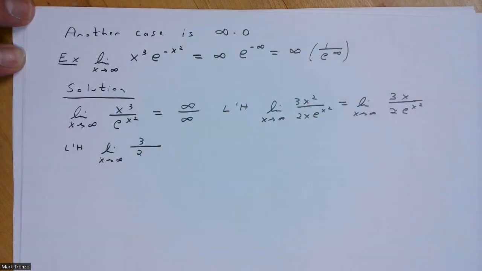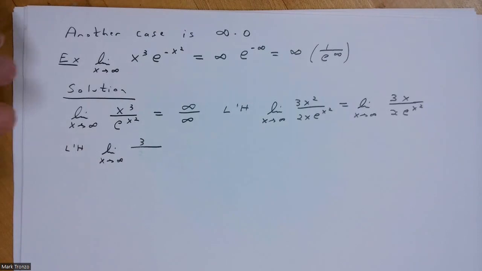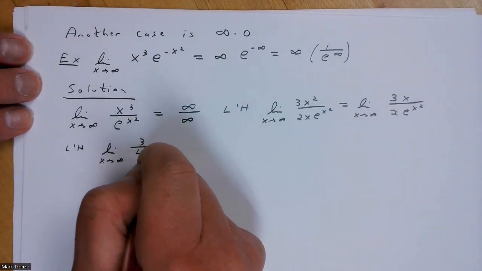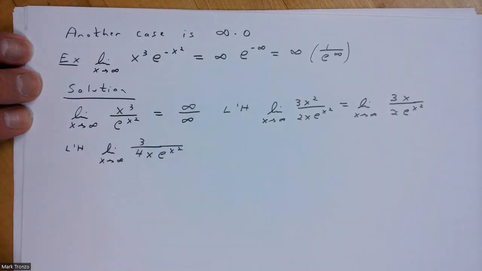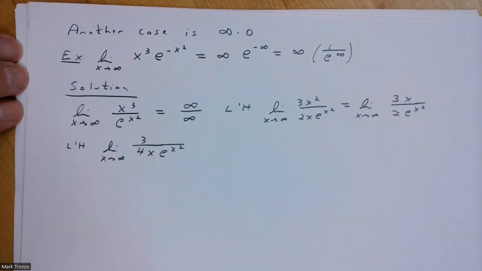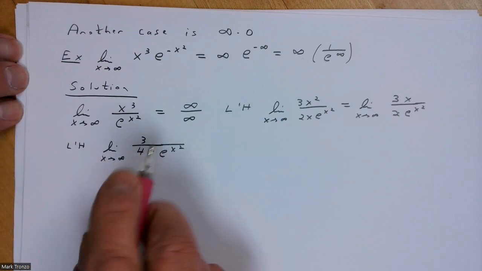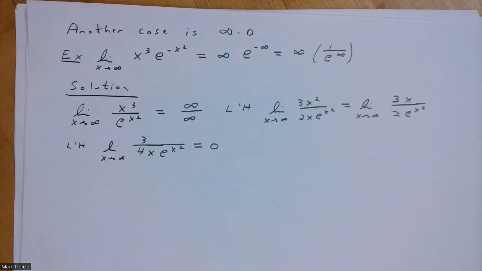Excuse me, 4. 4x e to the x squared, like that. And this is going to be 3 over infinity, and that's just going to be 0.